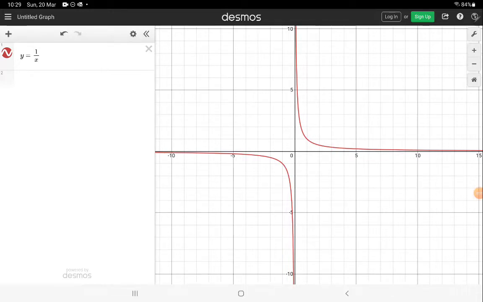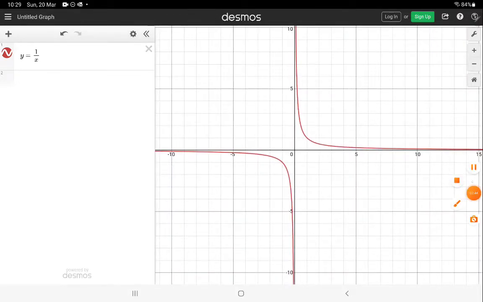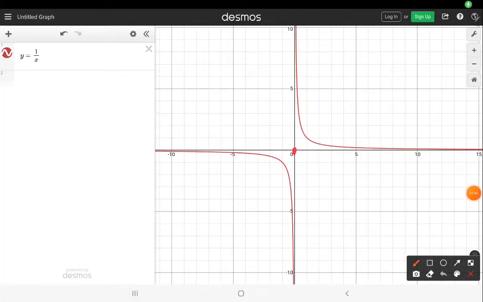But we said before that x equals 0 was a problem, and now we can see that it is indeed a problem. This function's actually not defined at 0. If we look at the positive part of it over here, it looks as though it's approaching infinity as we go this way. But when we look at the negative bit, it looks like it's approaching negative infinity.